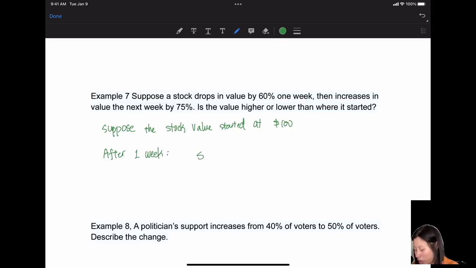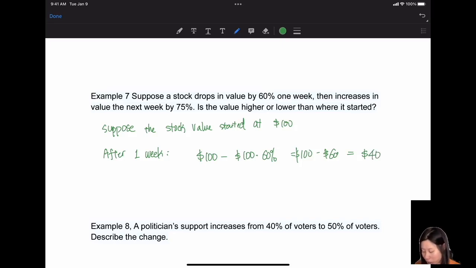That means originally you have 100, and then you drop 60%, so you use 100 times 60%. That's how much you drop. So now this is the value of the stock right now, which is equal to 40 bucks.